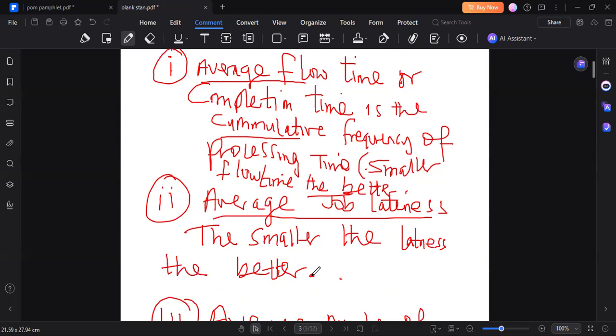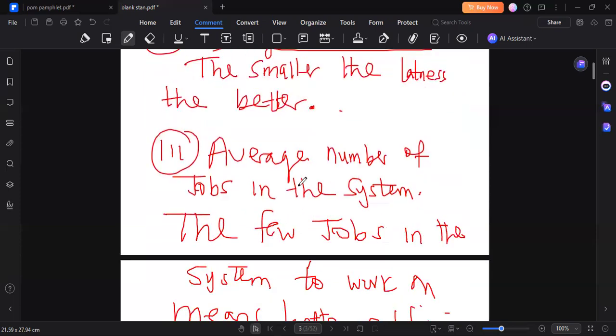If you take a vehicle to the garage, somebody being late by a day is better than somebody being late for more than a day, from the time you took the vehicle to the garage. Then the average number of jobs in the system. If there are very few customers in the queue, they'll be able to measure your efficiency and say you are doing a good job.